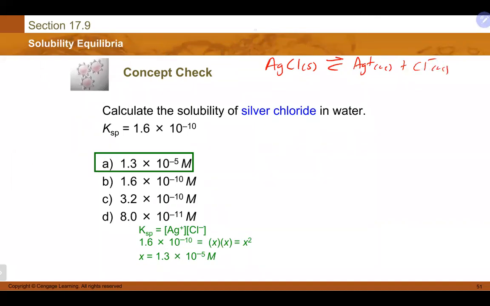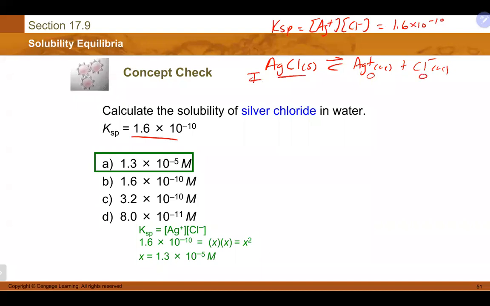In this case, they did give us the KSP, which, if we took our products, would be our silver ion times our chloride ion, and it would equal 1.6 times 10 to the minus 10, which was given to us. When we aren't given any numbers, we can do these types of problems by just assuming zeros to start with. So once again, we would have 0 for our silver and 0 for our chloride.